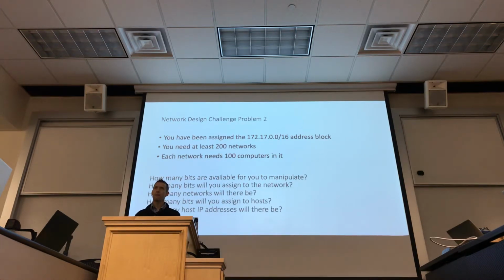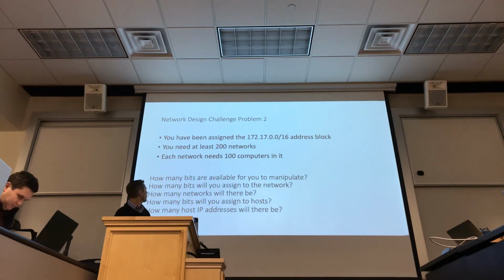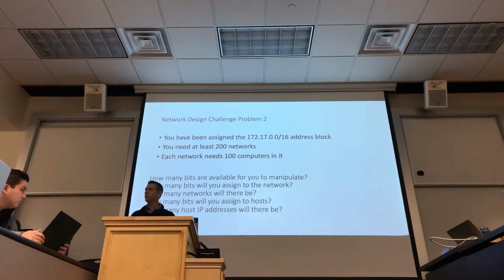If you did 7, that would be 2 to the power 7, which is what number? 128 networks. Would that be enough? No, that would not be enough. So you do 2 to the power of 8, that gives you 256 networks. How many networks will there be? 256. How many bits are going to the hosts? 8. How many IP addresses will there be per network? 256. Does that meet our business requirements?